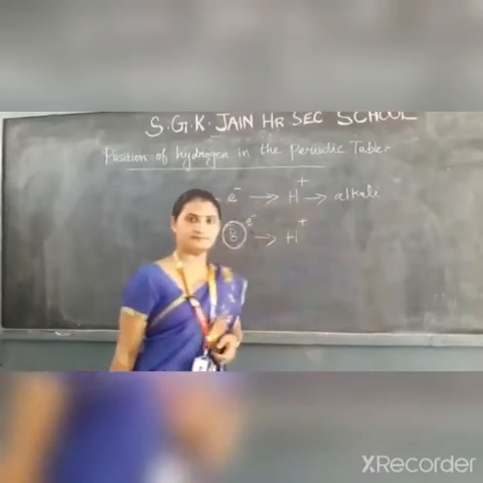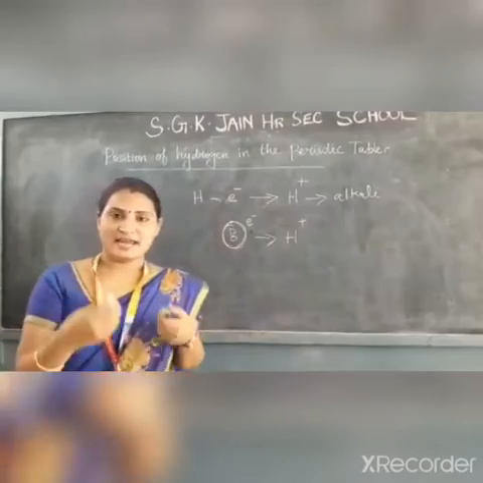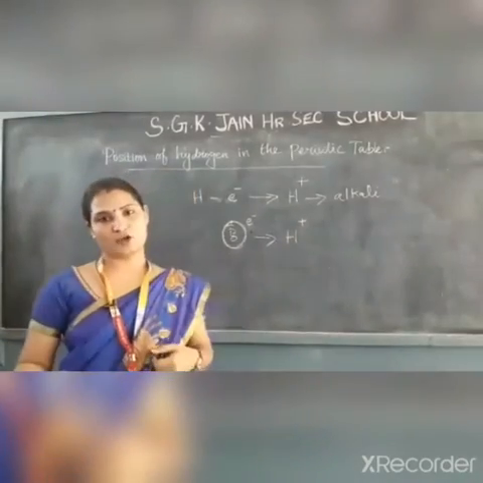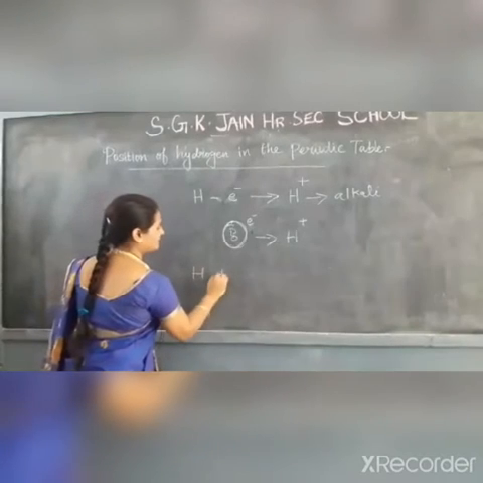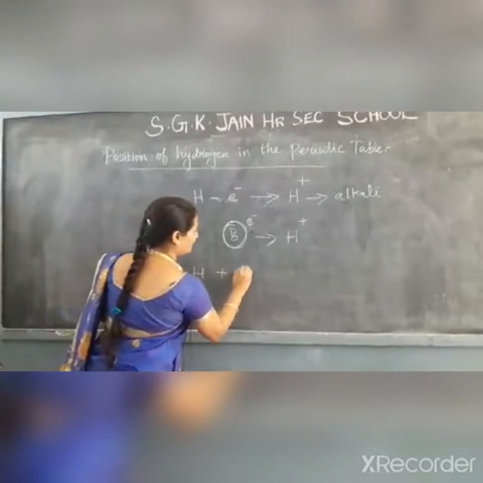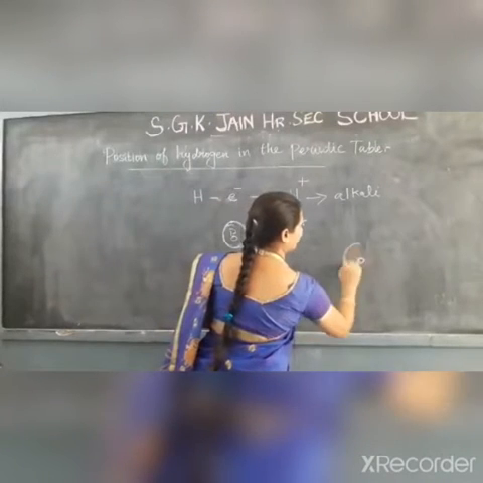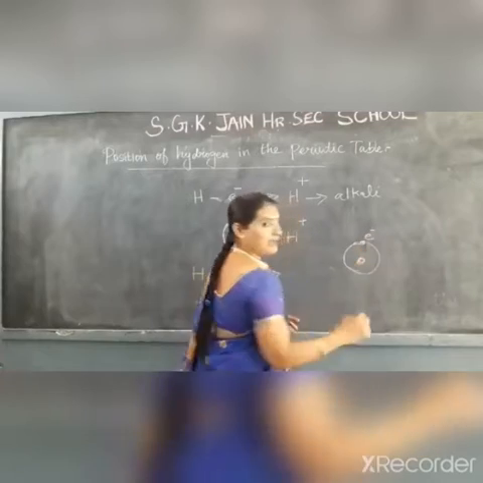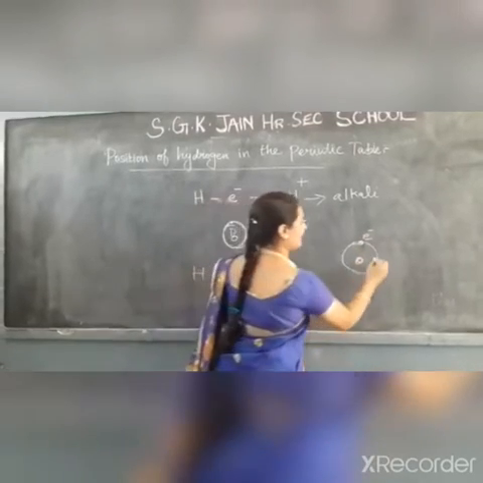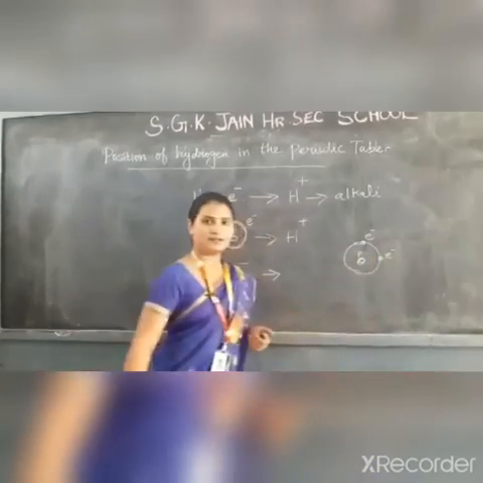And when the hydrogen atom gains 1 electron, what will be the answer? In the first orbit already 1 electron is there, and now it has gained another 1 electron. So obviously electrons are in the majority.